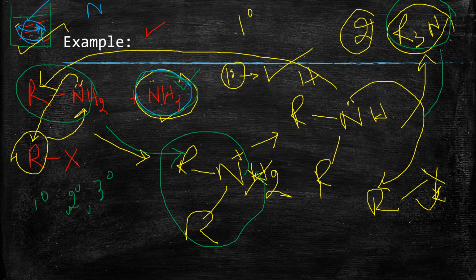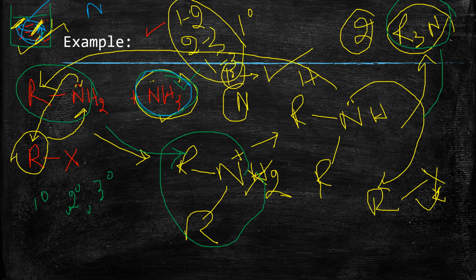because chances of encounter of primary and secondary amines, secondary and tertiary amines, and tertiary and primary, the combinations of 1 2, 2 3 and 1 3, these interactions. That's primary and secondary interaction and secondary and tertiary. As you can see here, primary amine reacting with another RX, fine.